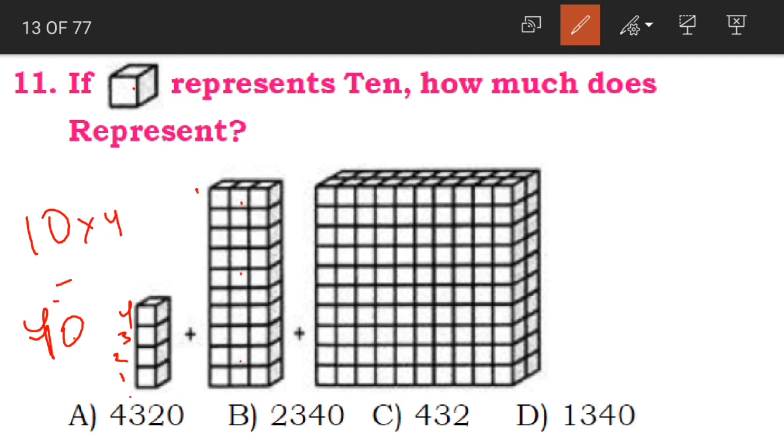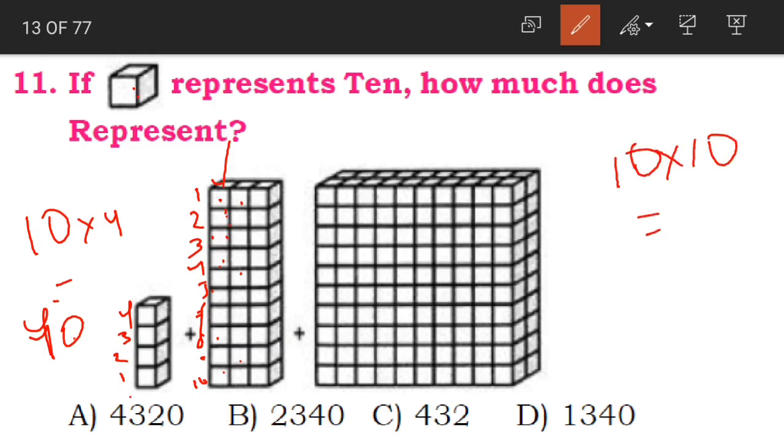Now coming to the second block. 1, 2, 3, 4, 5, 6, 7, 8, 9, 10. Here we are having 10 blocks in each column. 10 means what? 10 into 10. Each block represents 10.